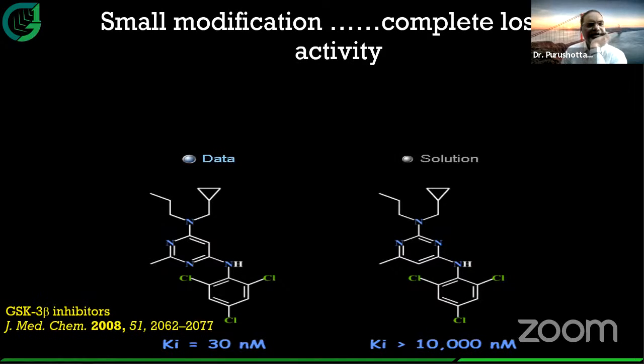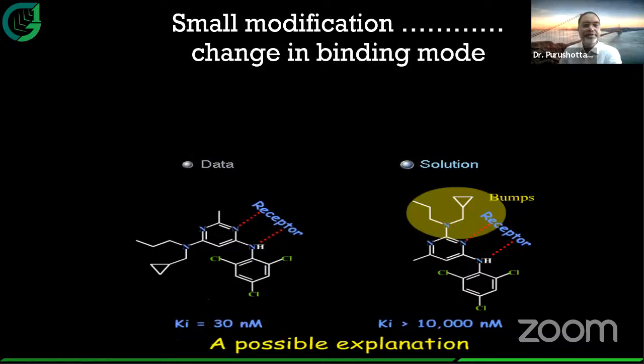So let us have the explanation why such a loss of activity has happened in this case. Our assumptions may be totally different, but molecules behave totally differently in the biological system. In the next slide, a possible explanation is given.